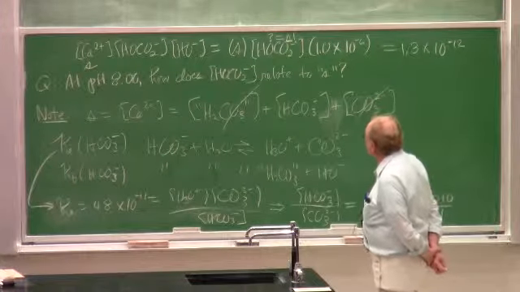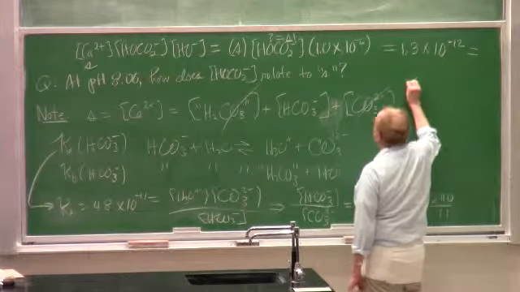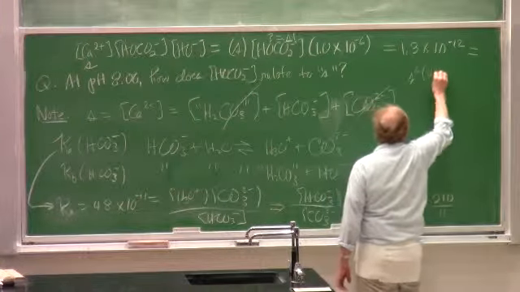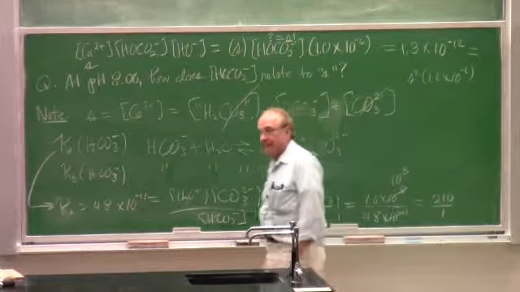So here comes the tough part. 1.3 times 10 to the minus 12 equals S squared times 1.0 times 10 to the minus 6. Tough phooey.